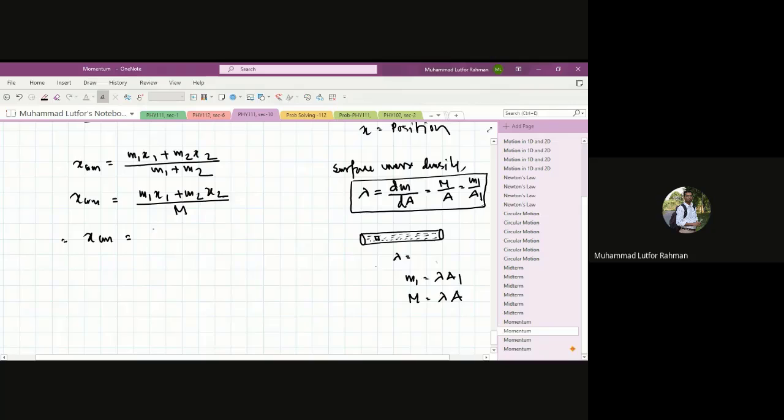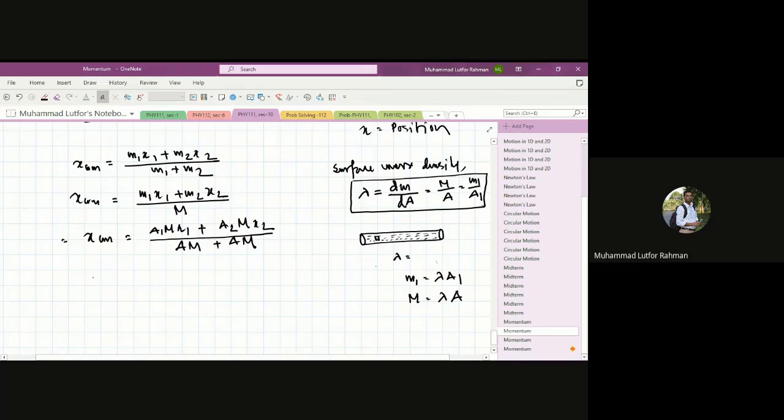If I write, this would be a1 into m into x1 plus a2 m into x2, right? And this m1, small m1, is actually lambda into a1, right? So this would be a into m plus a into m, actually the total m I can write in that form.